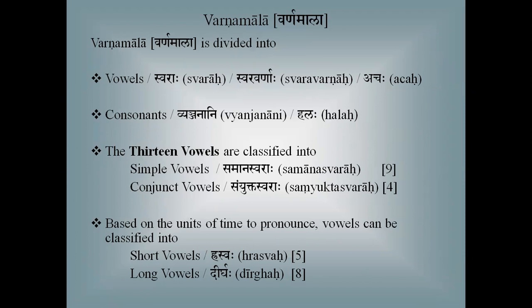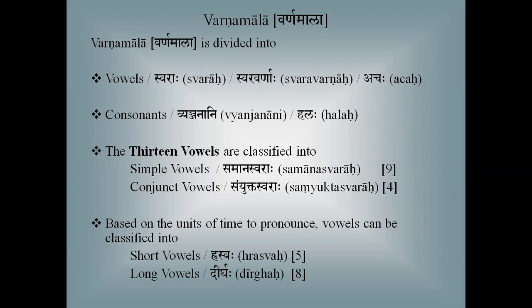These are different names for the vowels. Achaha is the shortest notation for vowels. Panini Maharishi, in his Sutra Pata work, that is Ashtadhyayi, refers to the vowels by the word Achaha. Achaha covers the entire vowels, 13 vowels. So if I say Achaha, understand it means vowels.